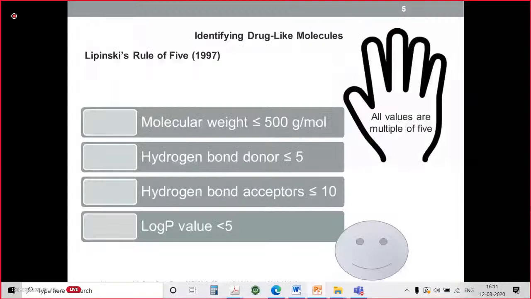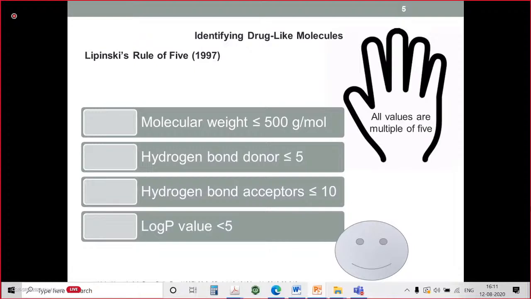In computer-based drug design approaches, one may ask how we go forward if we don't have any idea of the general rules for finding a better drug-like molecule. In this direction, we already know about Lipinski's rule of 5, discovered by Lipinski in 1997.